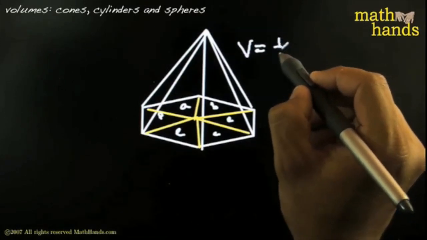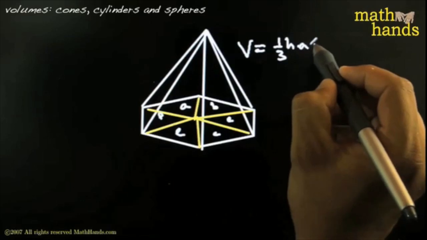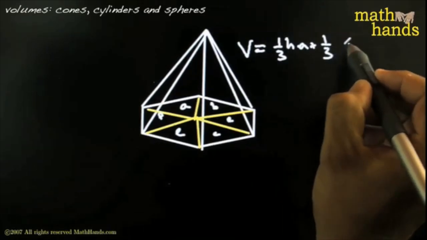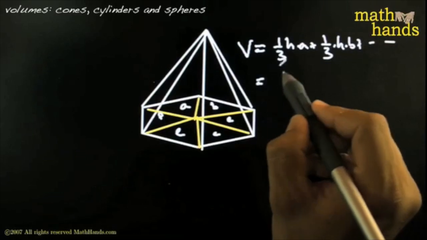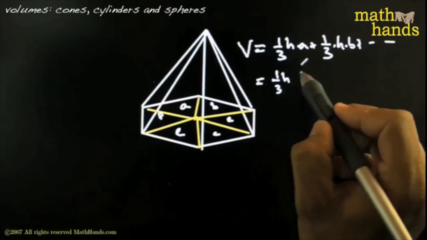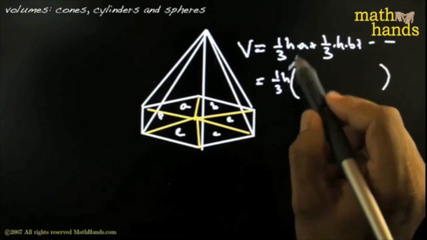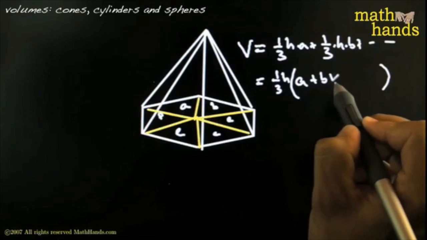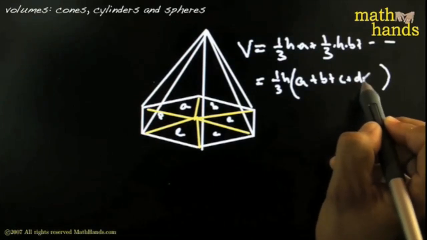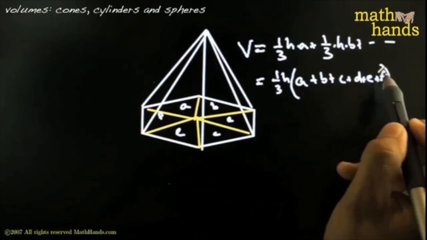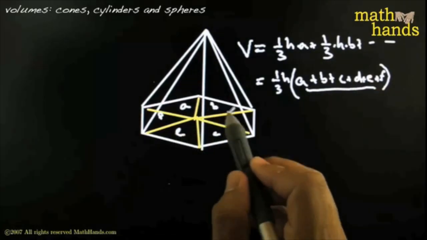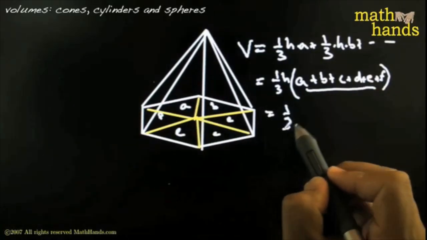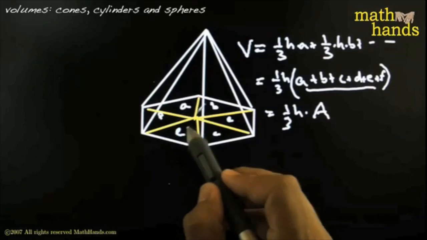So it's 1/3 times the height times A plus 1/3 times the height times B, all the way to whatever. I don't want to bore you. And then you take out the 1/3 times the H, and that leaves A plus B plus C plus D plus E plus F. And what is it that you get when you add up all these areas on the bottom? You get the area of the entire bottom, if you were to call that A.